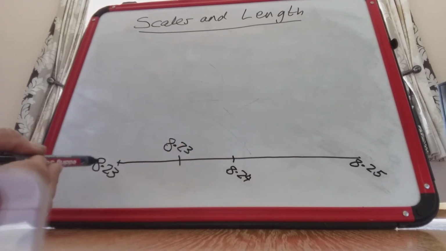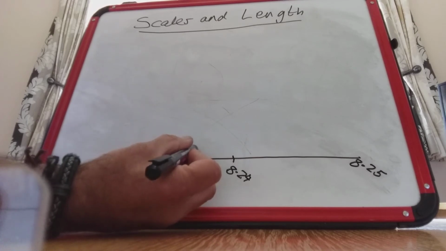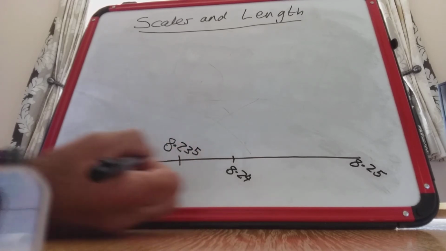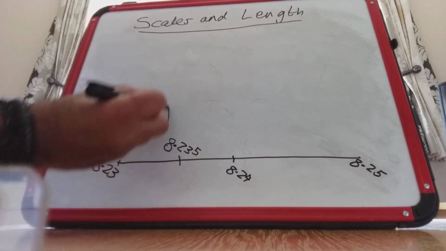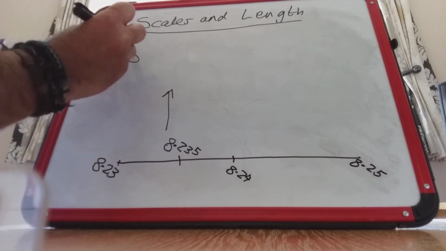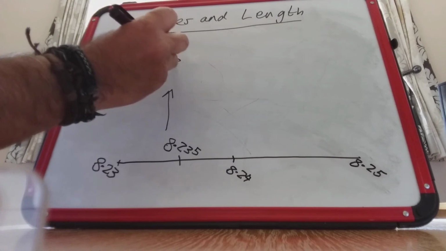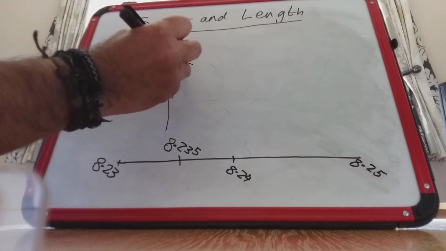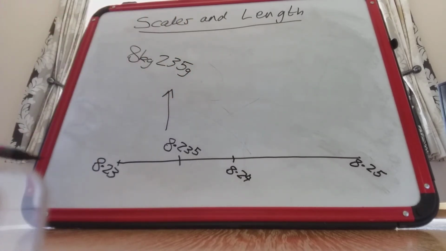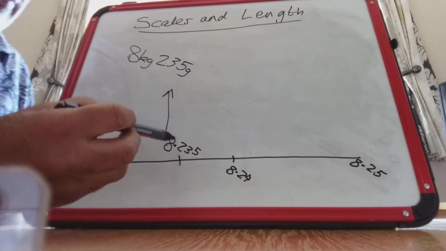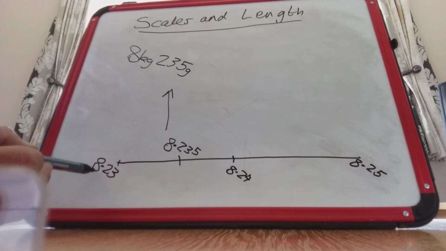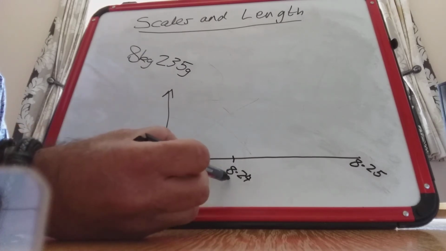We know that because it's got 2, 3 here, but it's 8.235. Now if this were kilograms, this would be 8 kilograms, 235 grams. Okay, and this is halfway between 8.23 and 8.24.